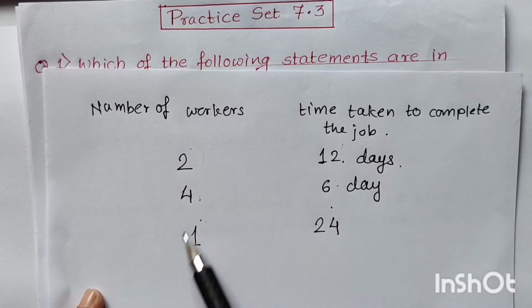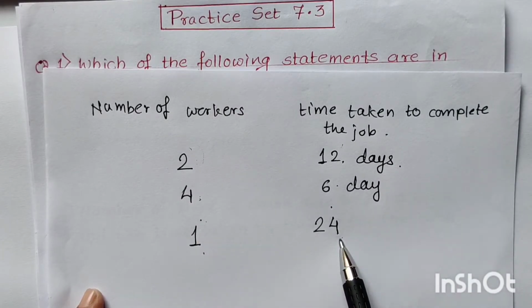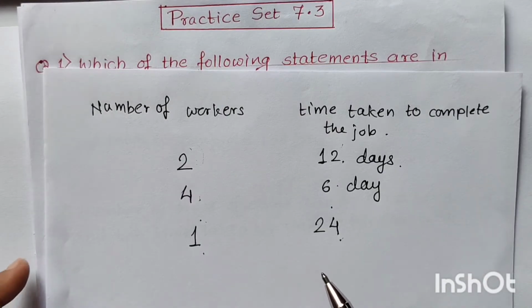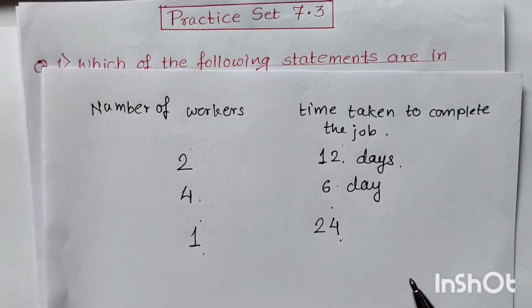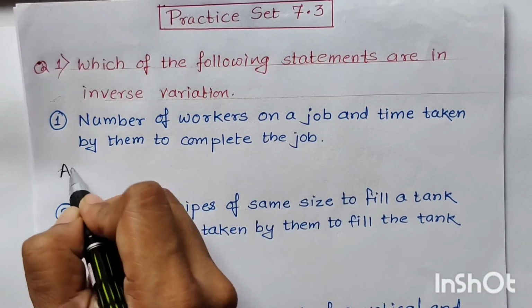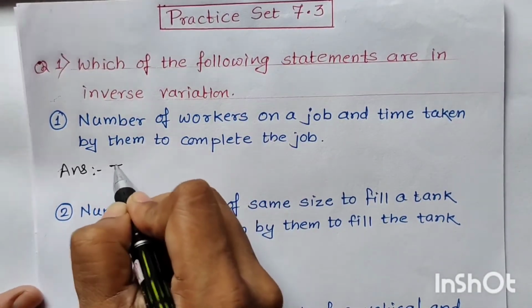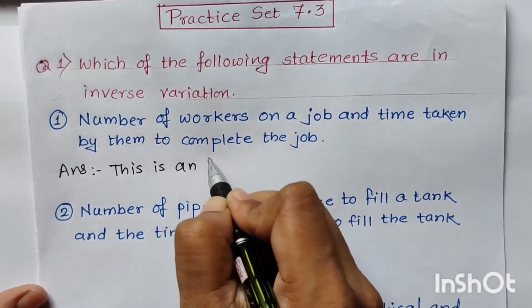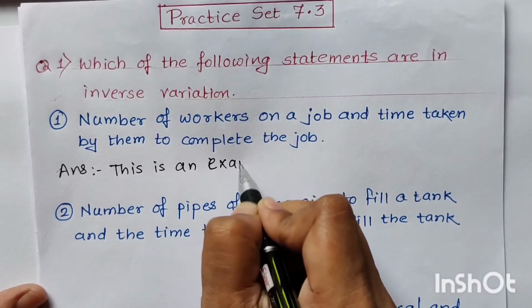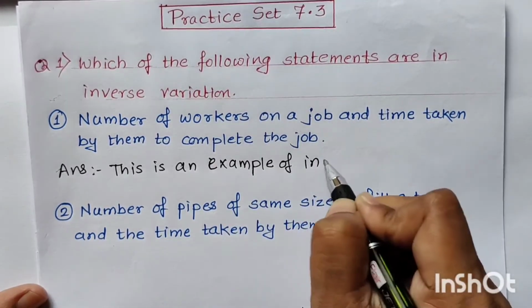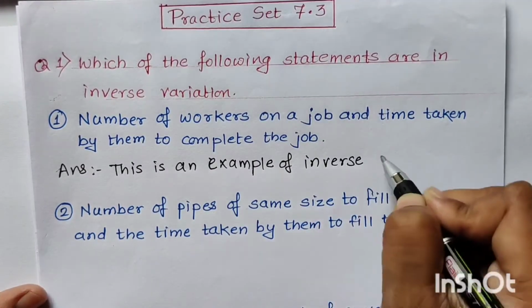When one quantity is decreasing, the second quantity is increasing, then this type of proportion is known as inverse proportion, or inverse variation. So we will write the answer here. This is an example of inverse variation.